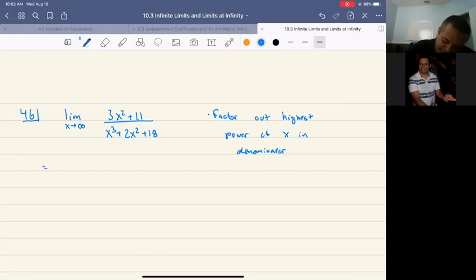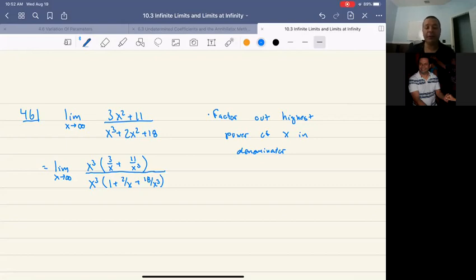So we get the limit as x goes to infinity of x cubed times, in the numerator, 3 over x plus 11 over x cubed, and in the denominator, factoring out an x cubed, 1 plus 2 over x plus 18 over x cubed.